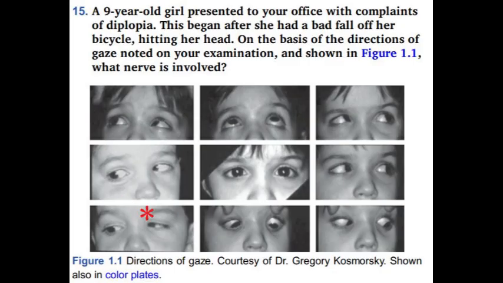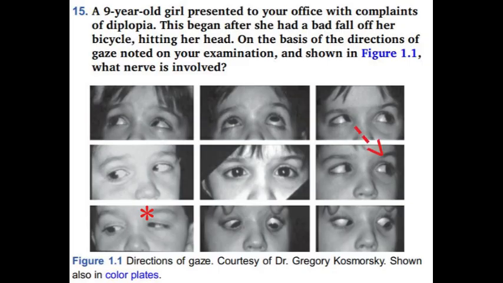So we think, okay, is it that the superior oblique is not working? So let's take a look at this. So here we have the eye. It's going up, it's abducted and elevated, so that means the superior rectus is working. So for here, that means that the lateral rectus is working.